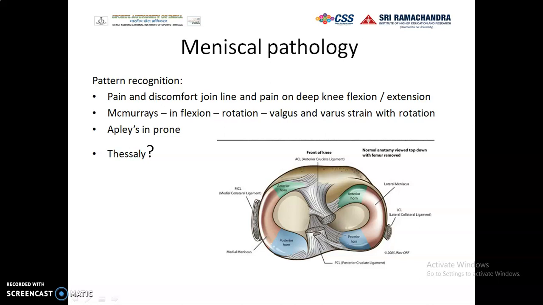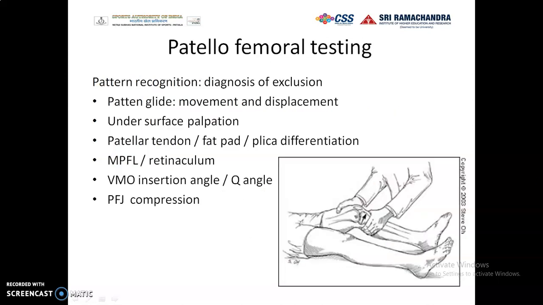So in order to confirm the meniscal pathology, we have to do McMurray's in flexion and rotations. Also we assess valgus and varus strain with rotations. Apley's is applied in prone, we need to check really whether the Apley's test has good sensitivity and specificity. Still it's a question mark, because it has to be done in a weight bearing position.